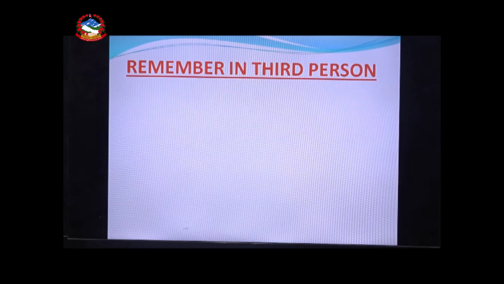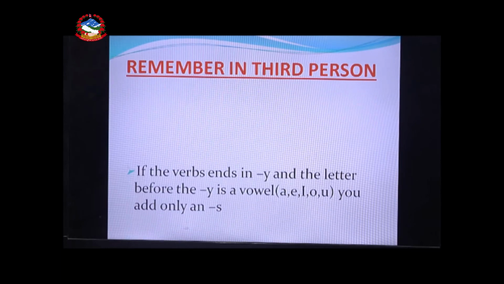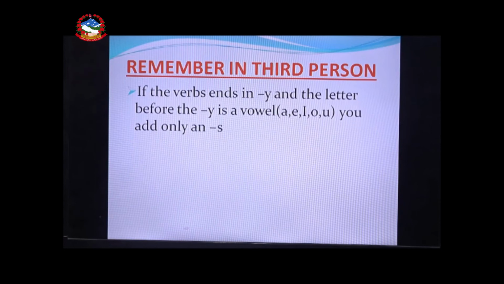But you have to remember in third person, if the verb ends in Y and the letter before the Y is a vowel, you add only S. Again, clear that if the verb ends in Y and the letter before the Y is a vowel, vowels are A, E, I, O, U. These are the vowel letters. You add only S. Example, PLAY.